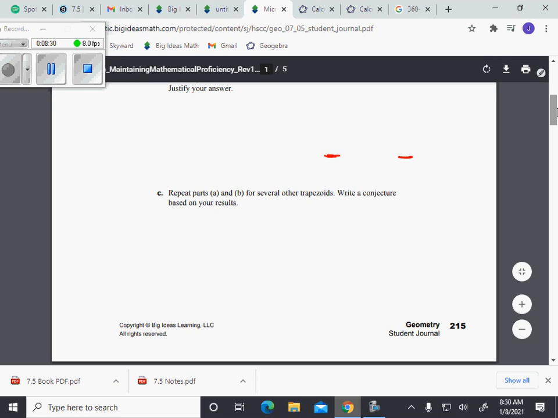It says repeat for several other trapezoids. Write a conjecture. Well, based on what we just did, what can we always say about this process?